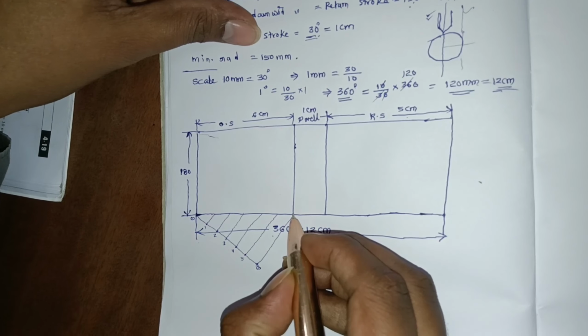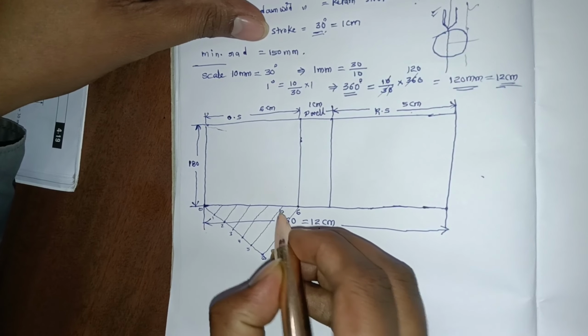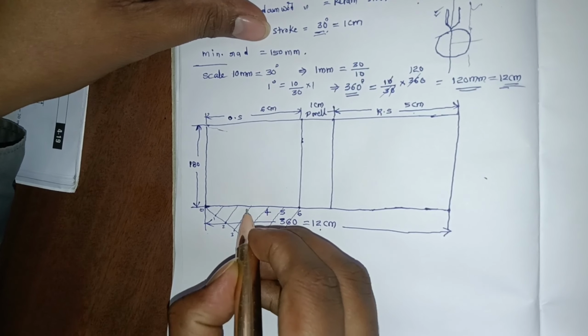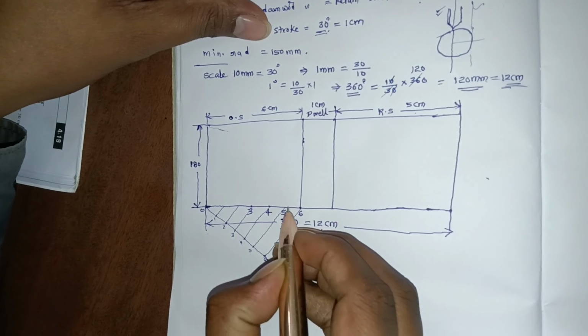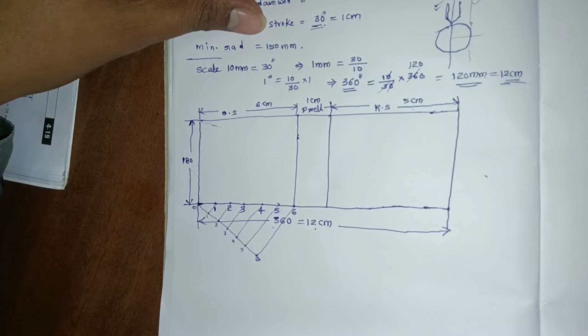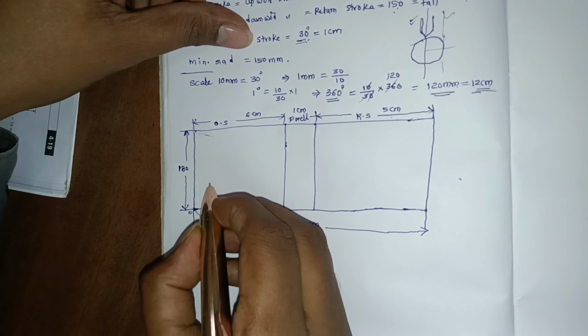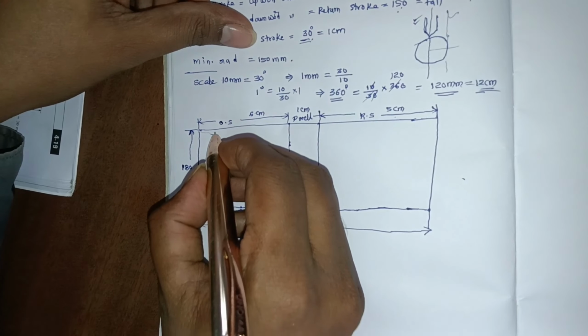Then this will be 6, this will be 5, 4, 3, this will be 2, this will be 1. After that we have to draw the vertical lines from these points.